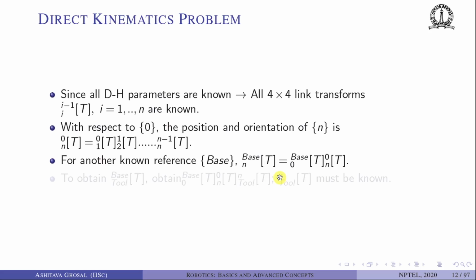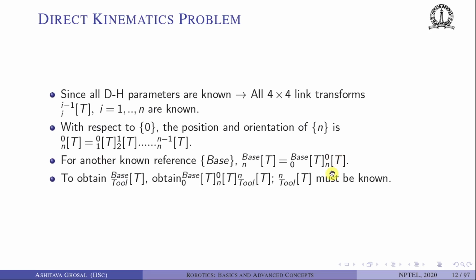The origin of the fixed coordinate system for the robot is somewhere on the platform, but the platform itself is moving. So if you tell me where the platform is with respect to, let's say, the corner of the room, that is base to 0, we can find that out, and then we can pre-multiply with 0 to n T.